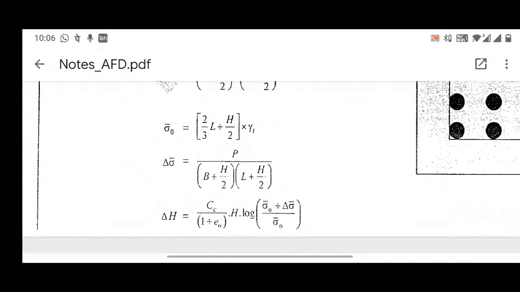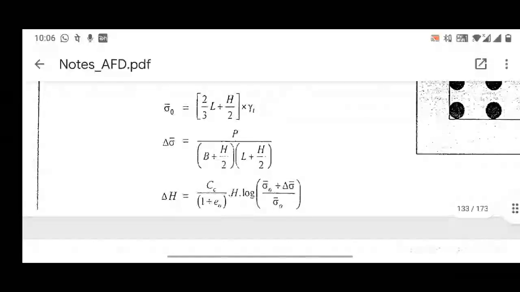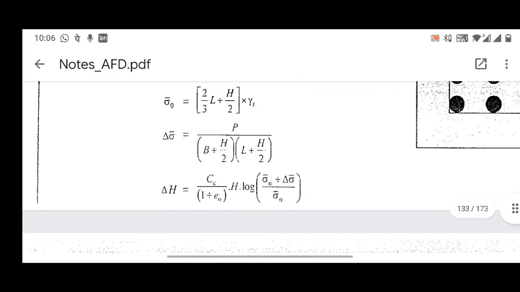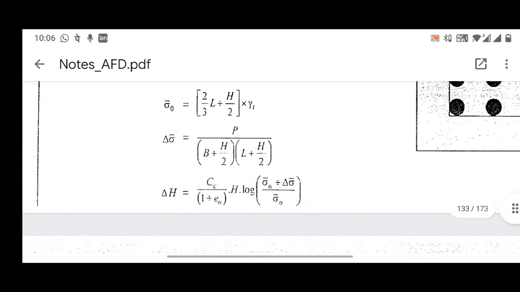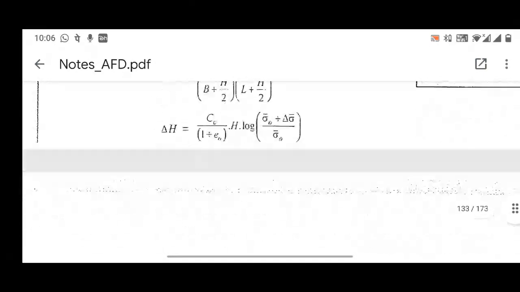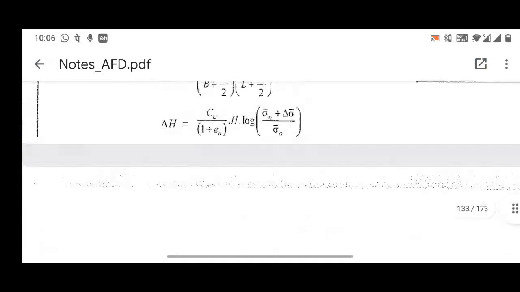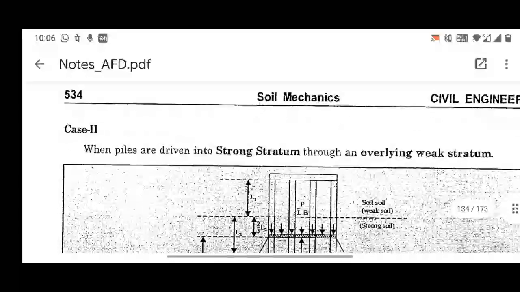Now we know the settlement formula, that is H Cc upon 1 plus e naught log of sigma naught bar plus delta sigma upon sigma naught bar, right? Now we know this formula, so we can easily use everything in this. Like sigma naught, you can place 2 by 3 L plus H by 2 into gamma t. Delta sigma is also available, and sigma naught also. So simply do this and you will easily get the settlement.